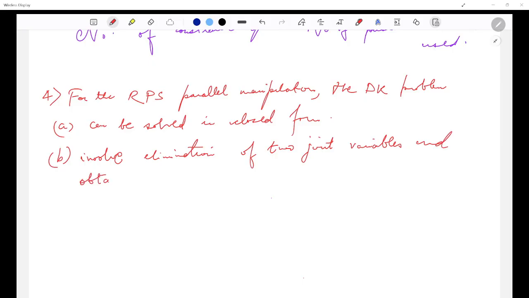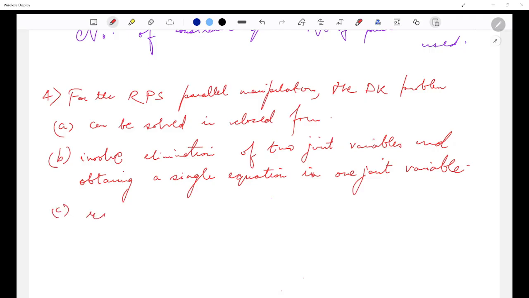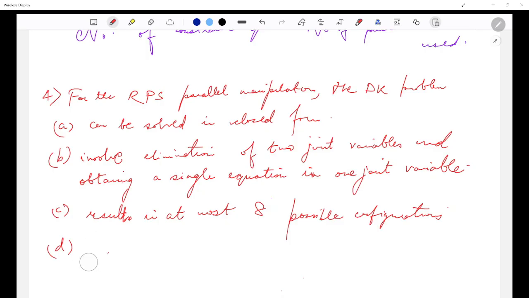And obtaining a single equation in one joint variable results in at most 8 possible configurations, and the last option is can always give a real solution. Okay.